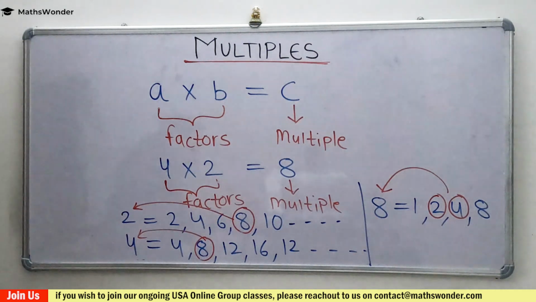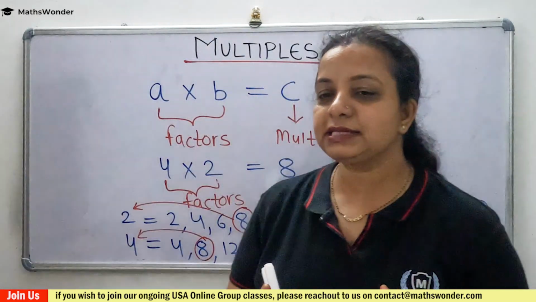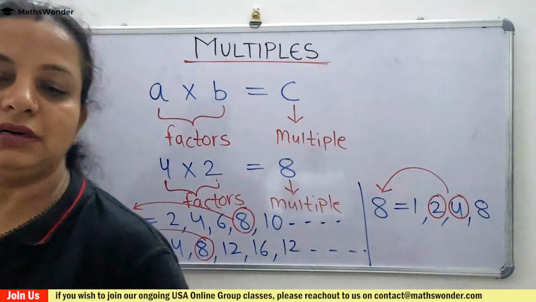Similarly, 5, 10, 15, 20, 25 are all multiples of 5. Same for 6: 6, 12, 18, 24, 30 are all the multiples of 6. So when you multiply 5 times 6, you get 30, and 30 is the multiple, and 5 and 6 are the factors of 30.